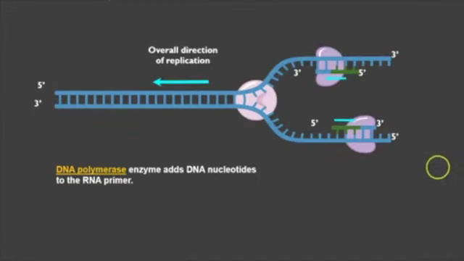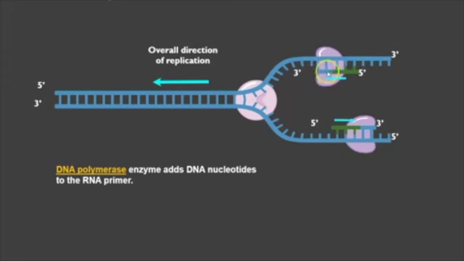All right, so coming back to our model here. So we've got our primers here. And then DNA polymerase, which is this purple enzyme here, comes in and it starts adding DNA nucleotides to the primer. Now you'll notice that it can only add the DNA nucleotides to the 3' end of the primer.